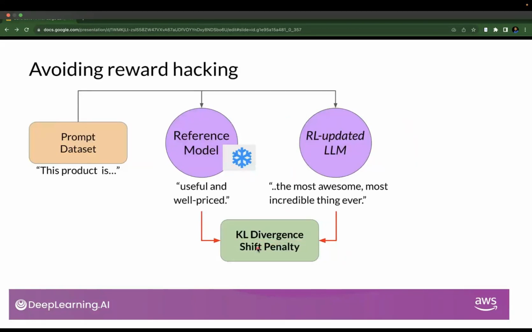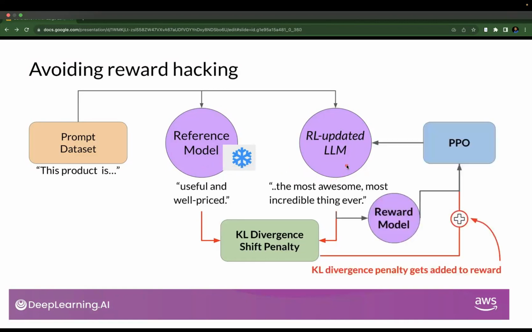This will ensure that the probability distribution across the output tokens from the instruct fine-tuned model, which is supposedly closer to the reality, does not diverge much from the probability distribution of the tokens or the words from the RL updated LLM.